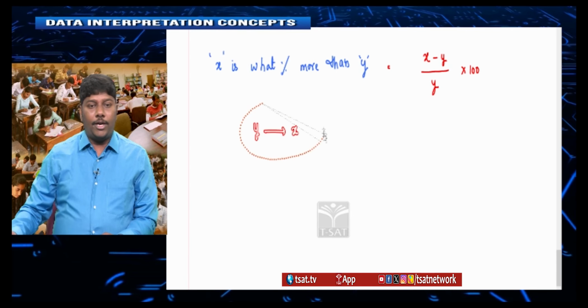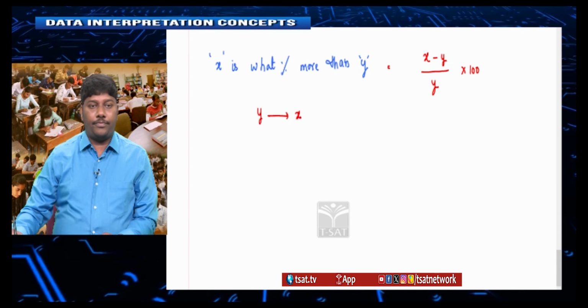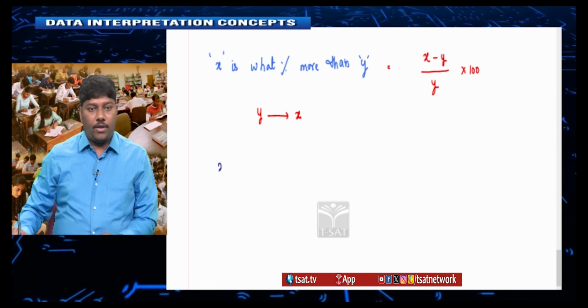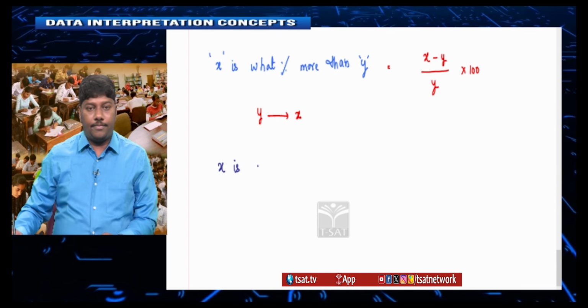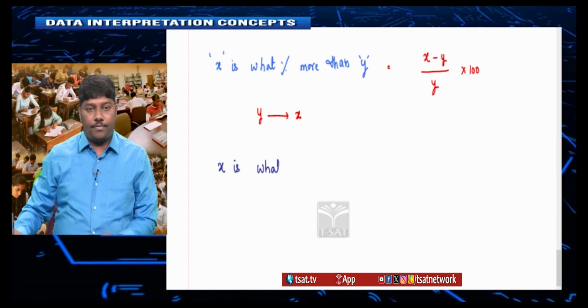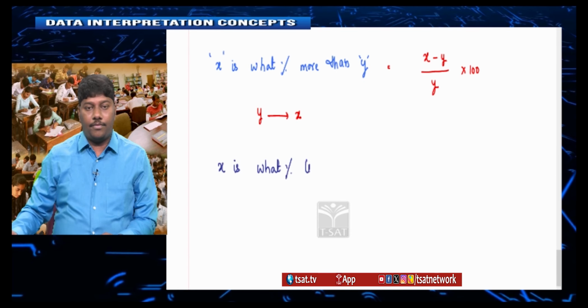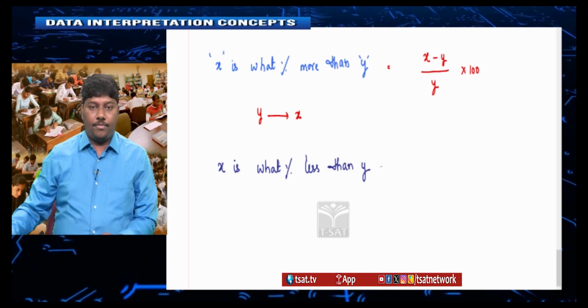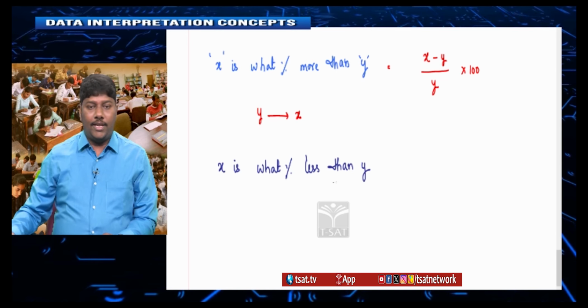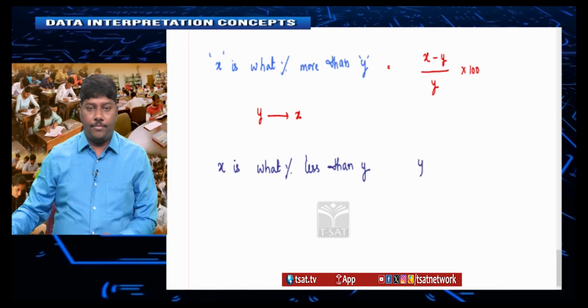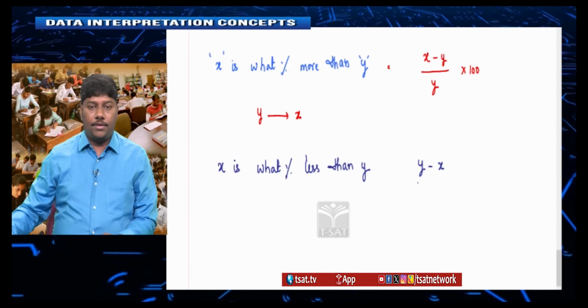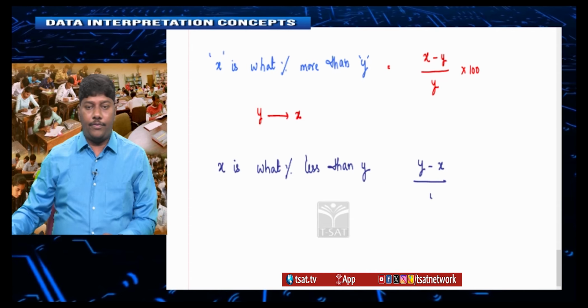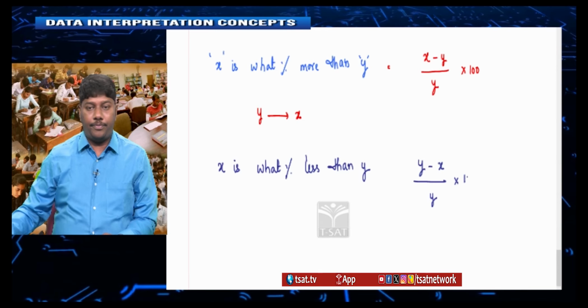If I say X is what percent less than Y, then you can say X is lesser than Y, therefore Y is greater, Y minus X, but again you are comparing it with Y into 100.